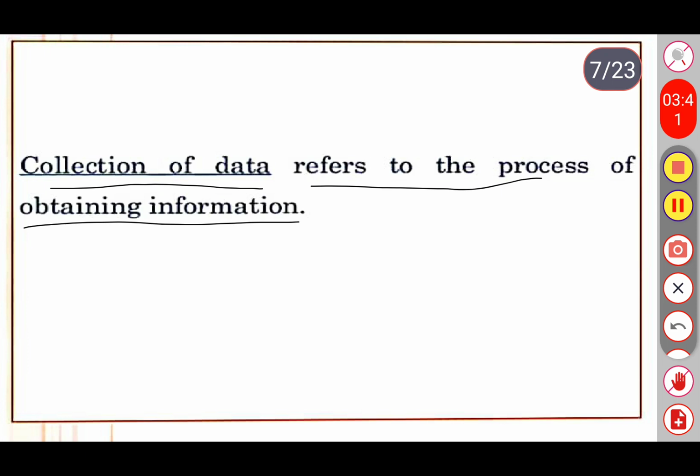The data we obtain from various types of sources, we collect in a systematic manner. So collection of data refers to the process of obtaining information from outside and inside sources.